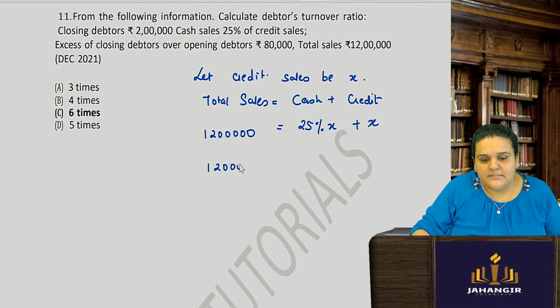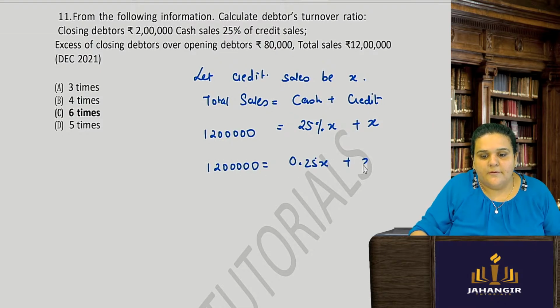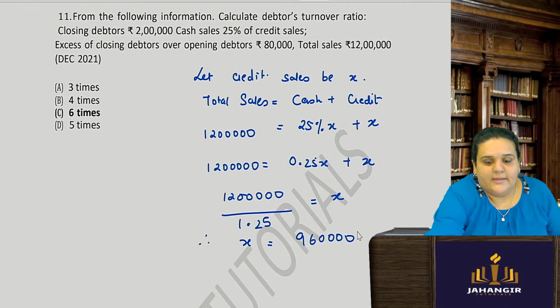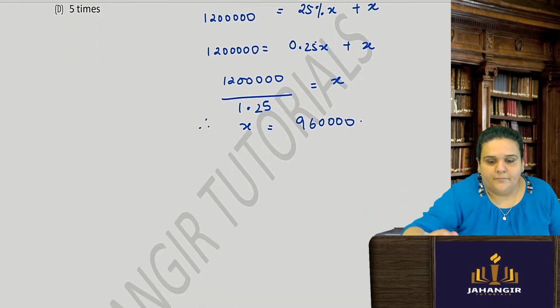So 12 lakhs is equal to 0.25X plus X. I will divide 12 lakhs by 1.25. 0.25 plus 1 is 1.25. Therefore, X will be equal to 9,60,000. So my credit sales I have found.